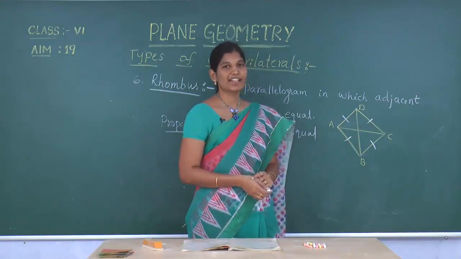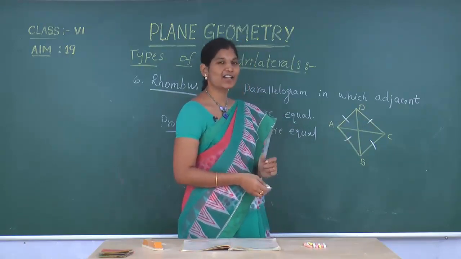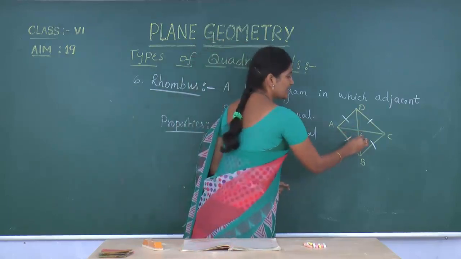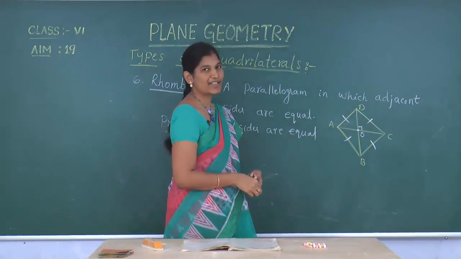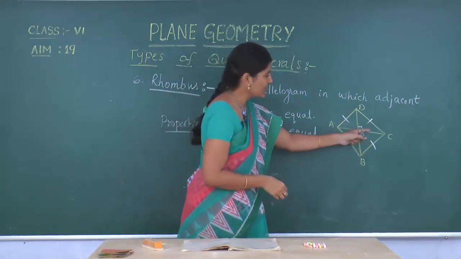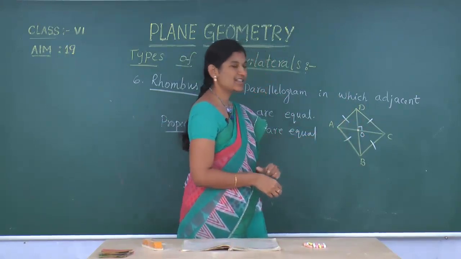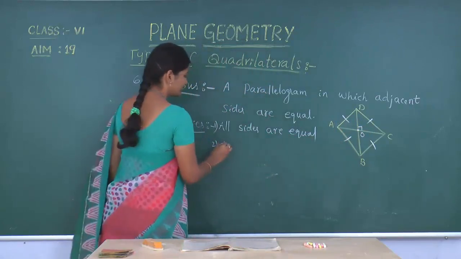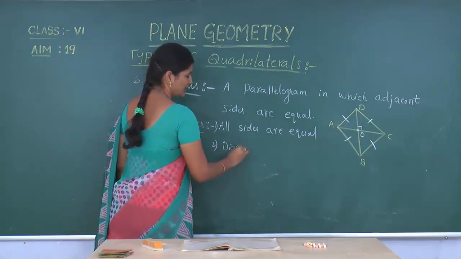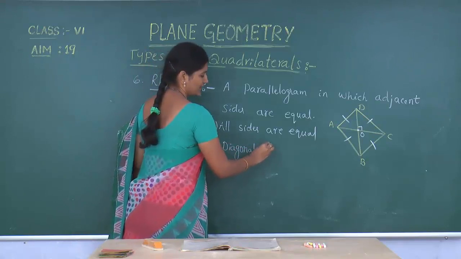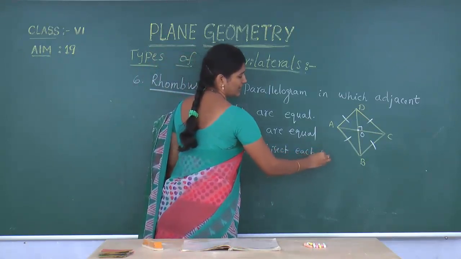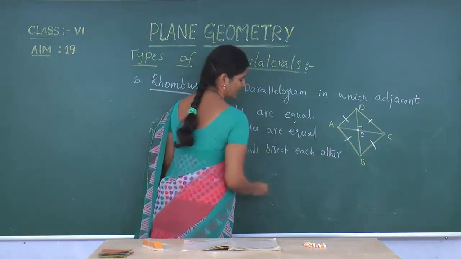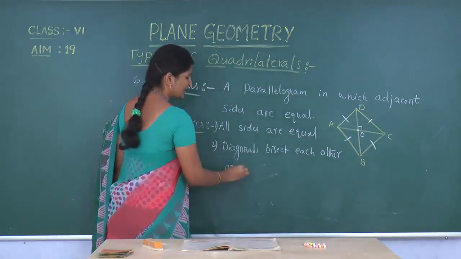Diagonals bisect each other perpendicularly, we can also say, and here it is the intersecting point. Diagonals bisect each other perpendicularly or at 90 degrees.